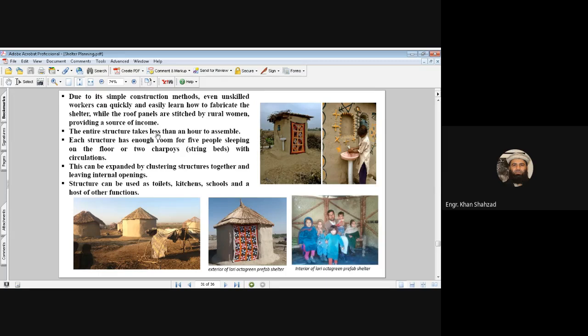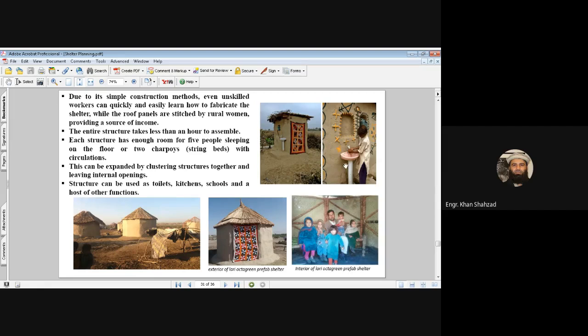The entire structure takes less than an hour to assemble. Each structure has enough room for 5 people sleeping on the floor or 2 charpais with circulation. This can be expanded by clustering structures together and leaving internal openings. Structures can be used as toilets, kitchens, schools, and a host of other functions as well.